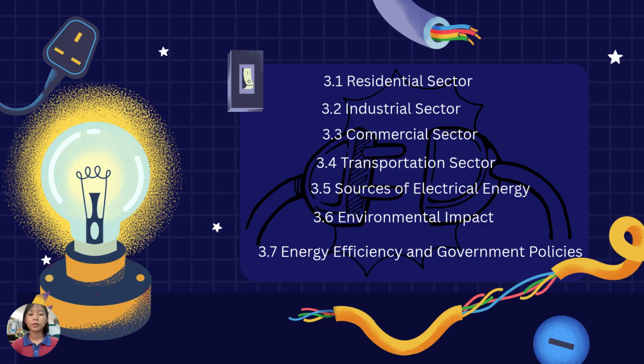The Malaysian government, through agencies like the Energy Commission and the Sustainable Energy Development Authority (SEDA), promotes energy efficient practices. Programs such as the Minimum Energy Performance Standard (MEPS), Net Energy Metering (NEM), and incentives for solar installations aim to reduce consumption and encourage greener alternatives.